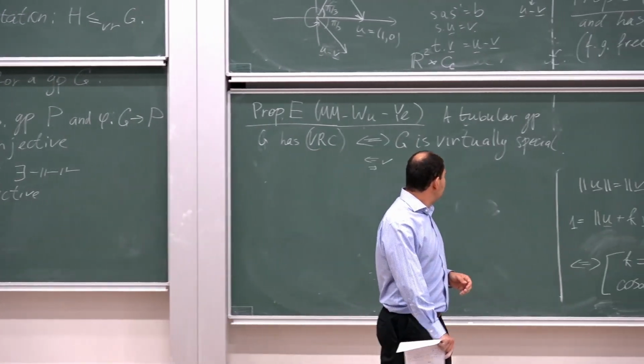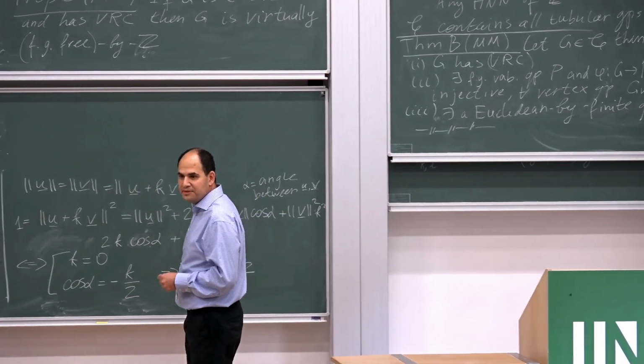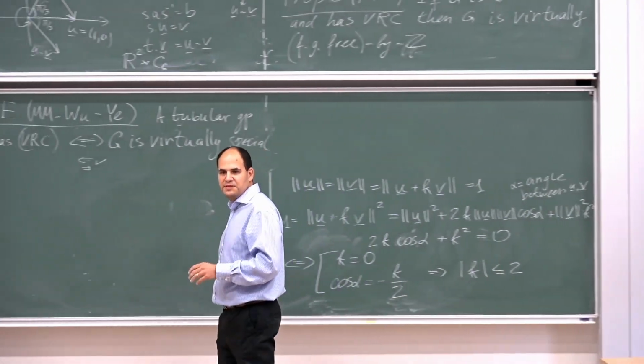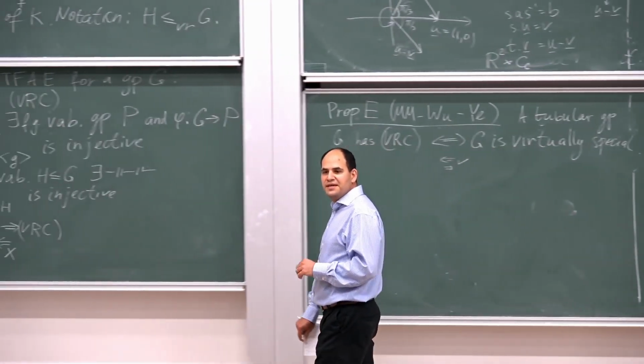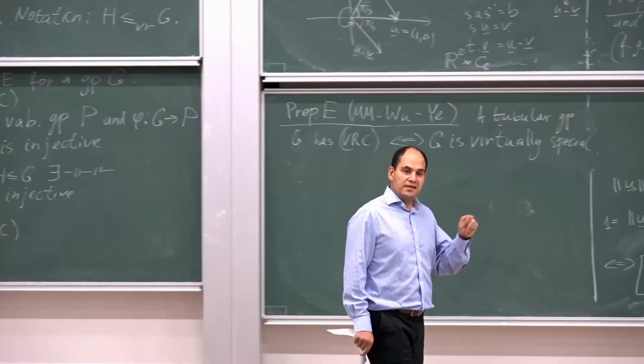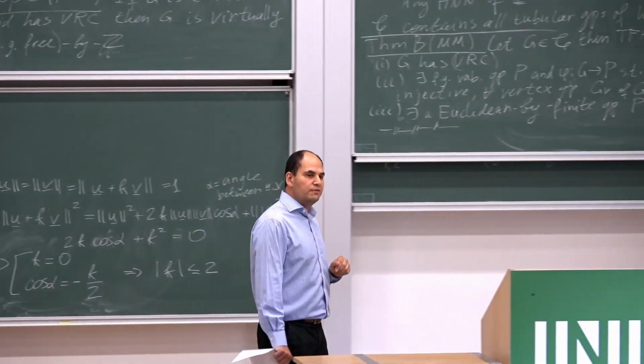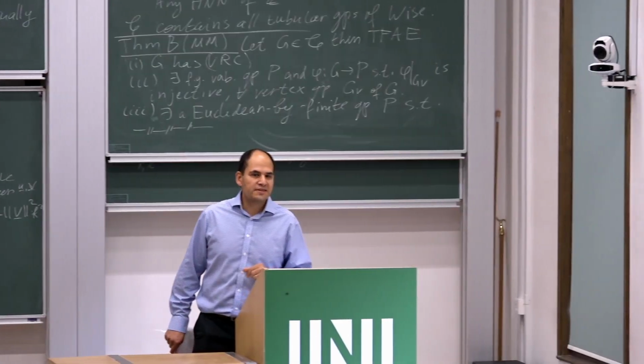So the reason why I managed to convince Giles to write this 30-minute program is because I didn't say VRC. He probably doesn't know what VRC is. But I said these groups have this condition, that they're virtually special. And he is actually interested in snowflake groups and in virtual specialness.